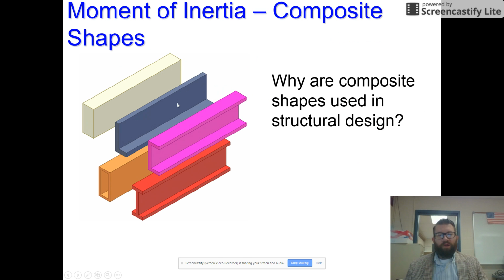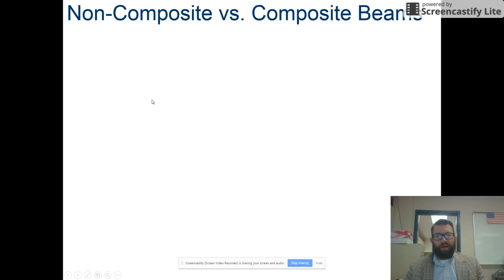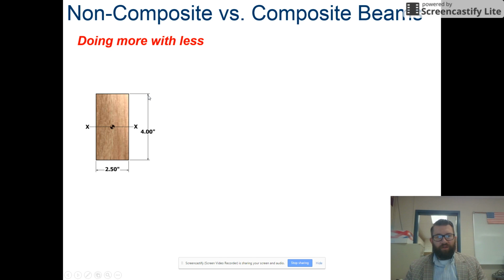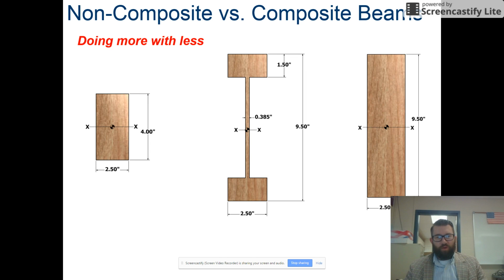So why do we use, though, composite shapes? We don't always use just a flat beam or a rectangular beam. We cut notches out of some of them. So really it has to do with economics here, is that you can do more with less. You can have a similar moment of inertia for an I-beam as you can with a rectangular beam.